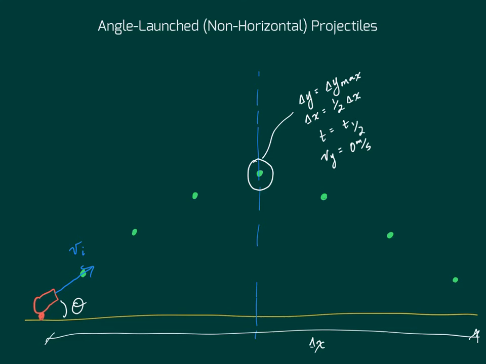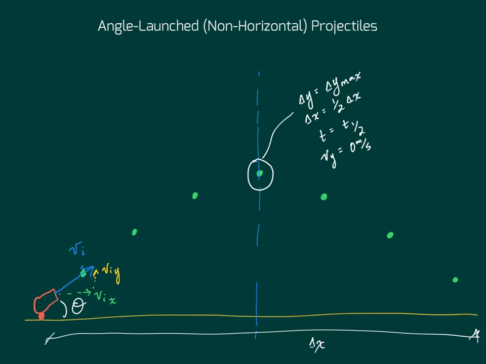Because we need to work in our x and y directions, we're going to have to split this up into its x and y components. So we're not just going to be dealing with v initial, we're going to be dealing with v initial x and v initial y.